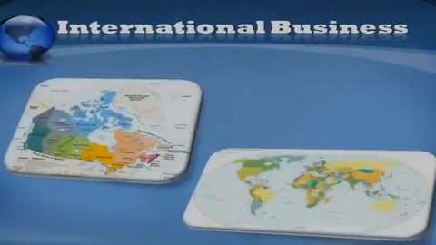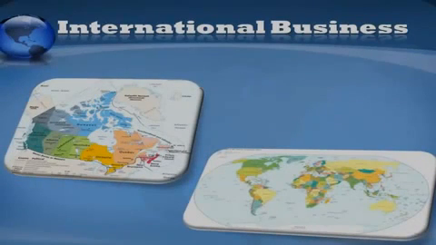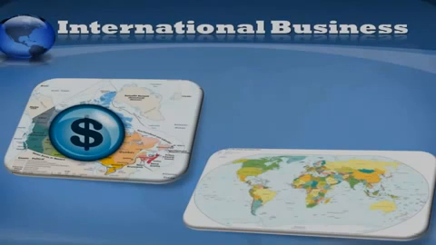So let's take a look at it from another perspective and differentiate it from a domestic business. The traditional business model was domestic businesses. These were businesses that operated within a country's borders. For Canada, we saw domestic businesses thrive over the last hundred years.